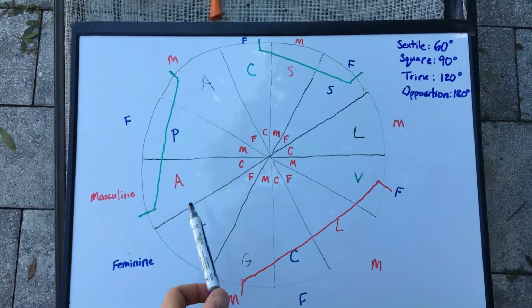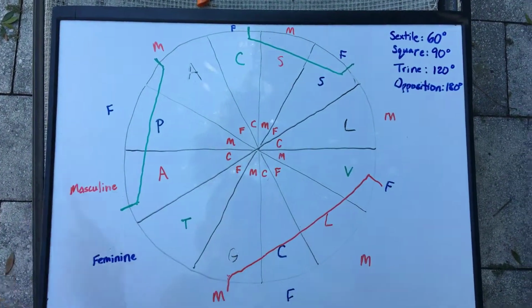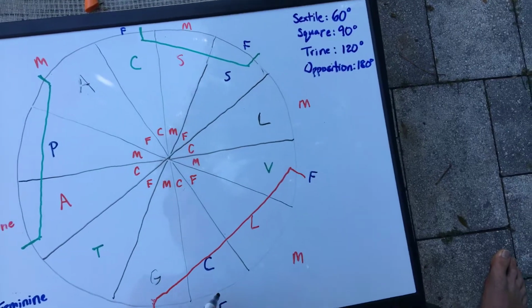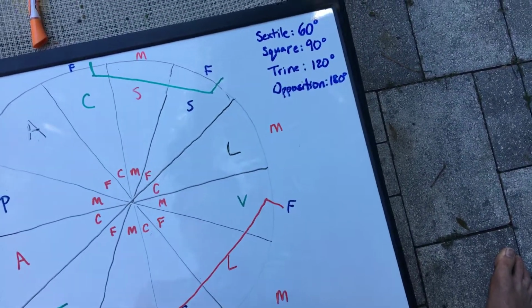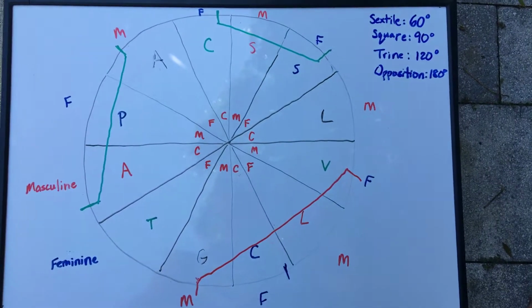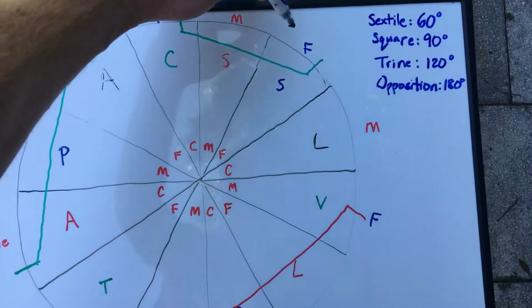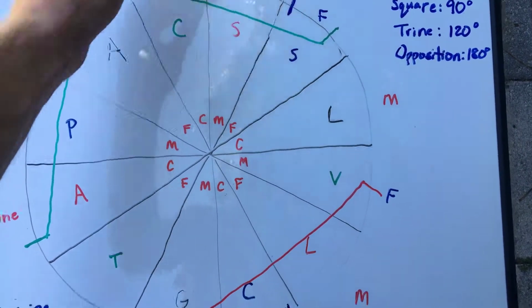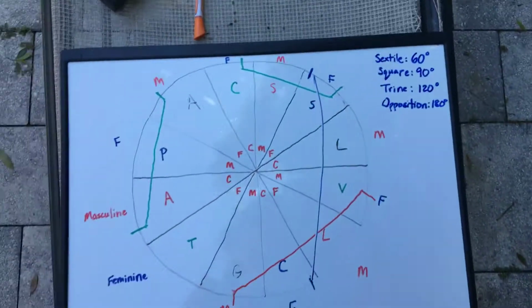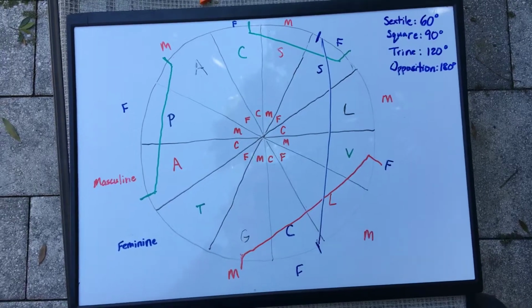So to find a trine, we always look from one planet with an element to another planet with the same element. So, say we had a planet in 25 degrees Cancer and a planet in 25 degrees Scorpio. That would make a trine, because they're both water signs. Alright.